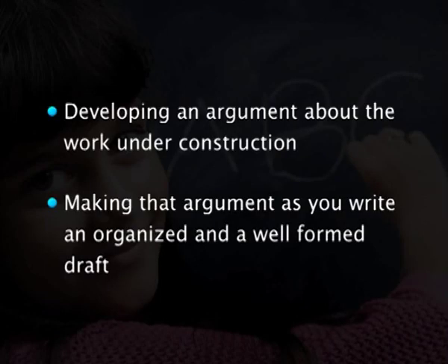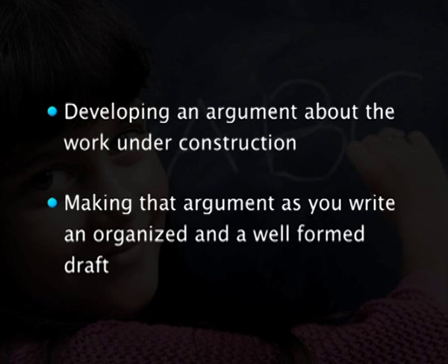Okay. We have seen here that there is no definitive method to write a review, although some critical thinking is necessary before you actually begin writing. Thus, writing a review involves two steps. Firstly, developing an argument about the work under consideration.